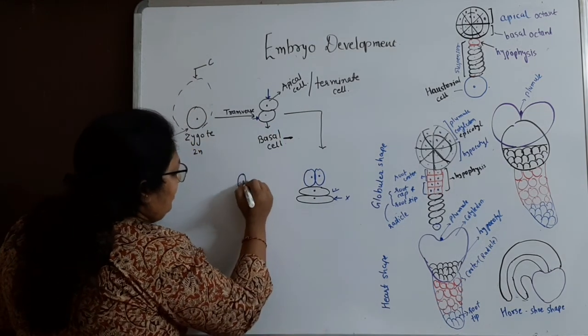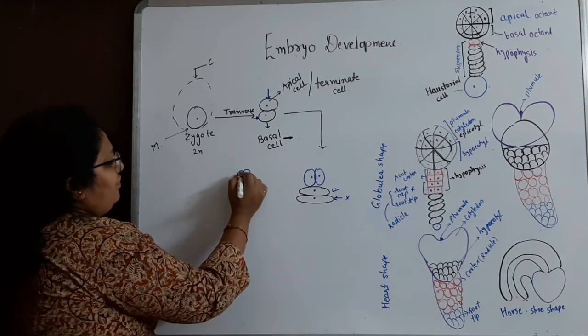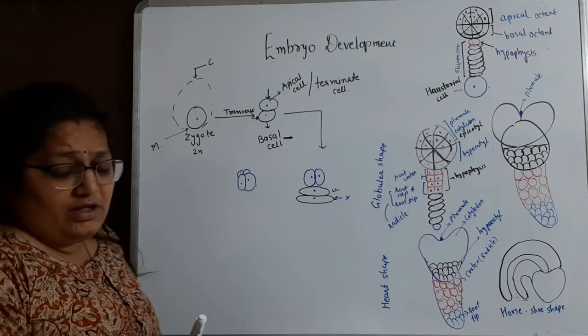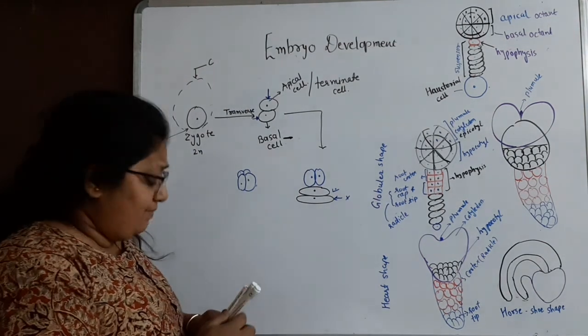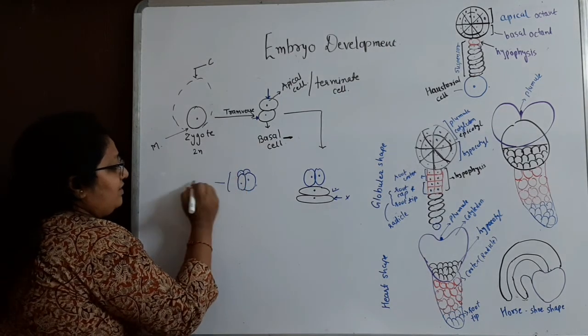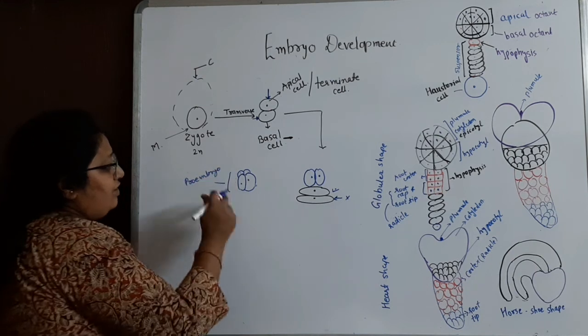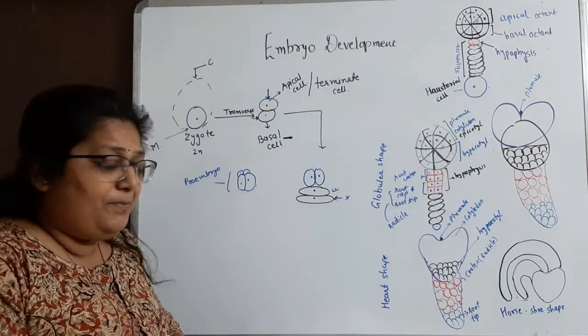So this is one apical cell, 2, 3 and 4, right? So these are 4 embryo cells. That 4 cell condition is known as the pro-embryo.